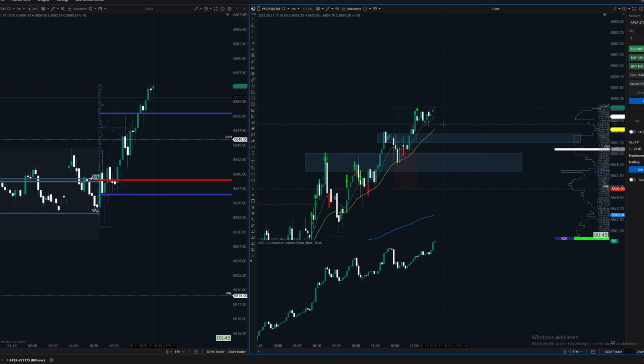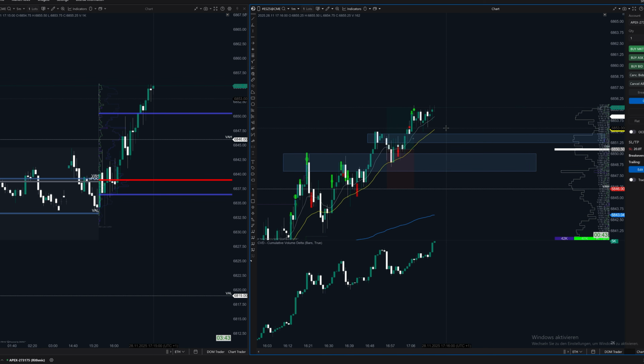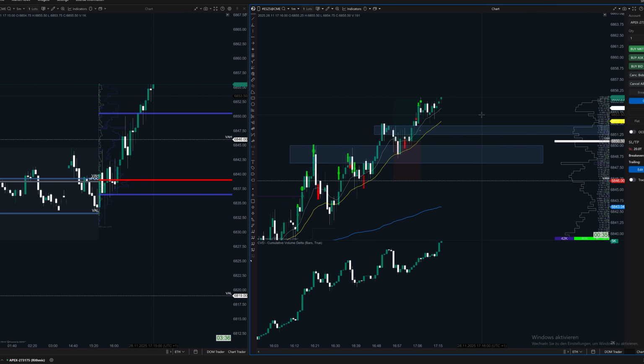Especially when you see sellers, big trades right here on the 24 EMA, then probably the market pushes through this EMA. So that is very cool here on big trades, because you can see where the big players are buying and where they are selling.